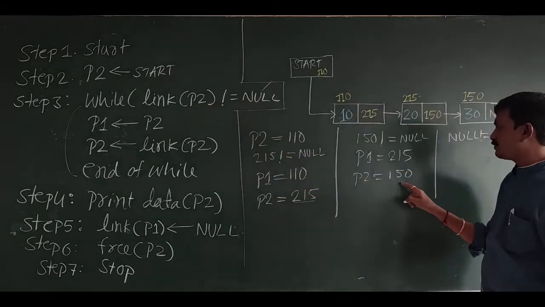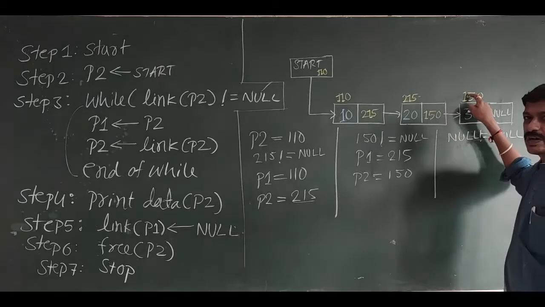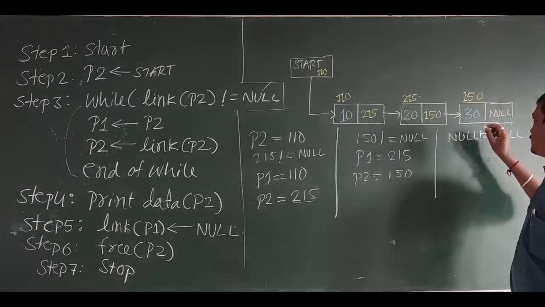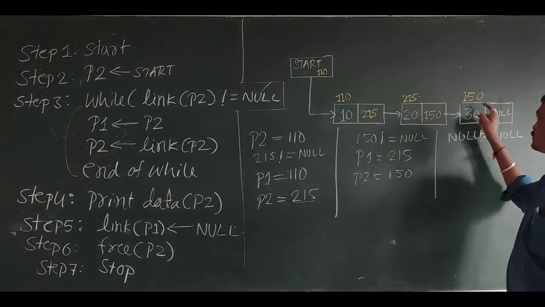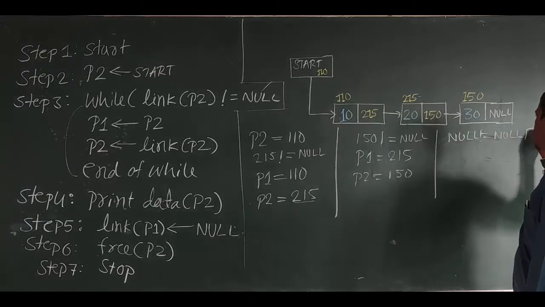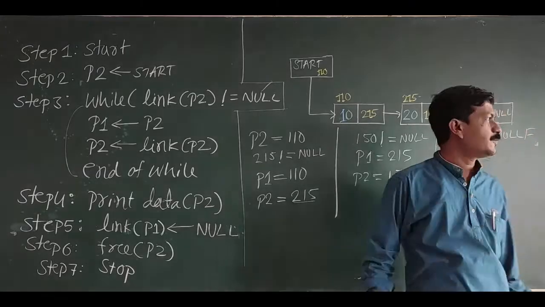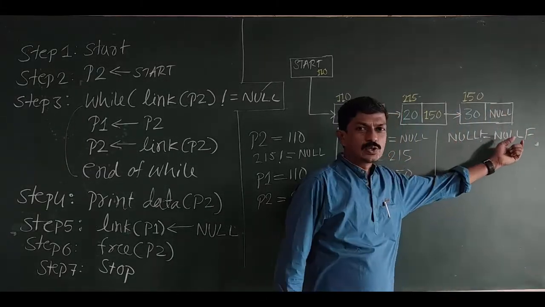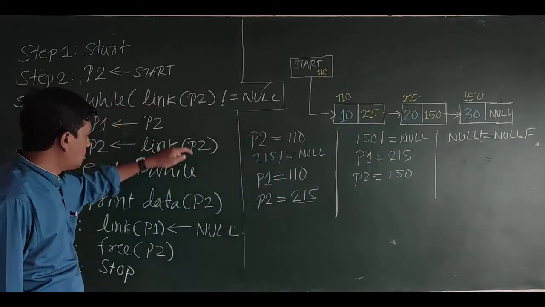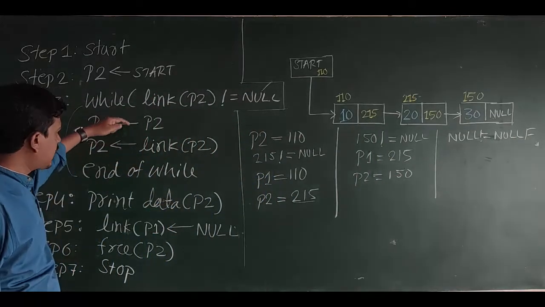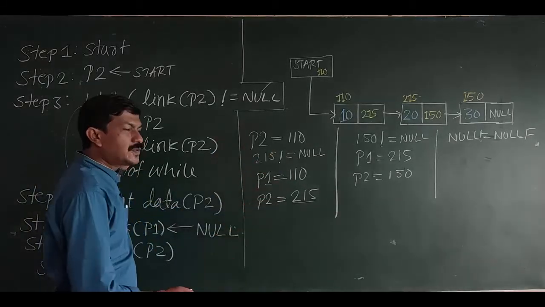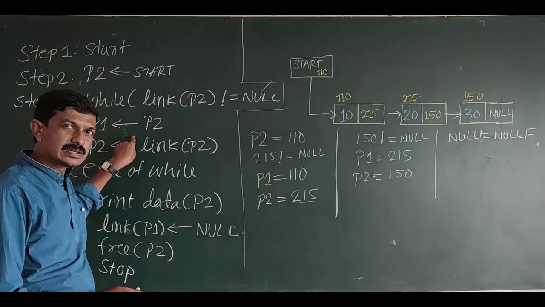Now the P2 value is 150, and the link part of 150 is null. Once this condition becomes false, it comes out of the loop. It does not execute these two steps, because it has found the last node of that linked list.